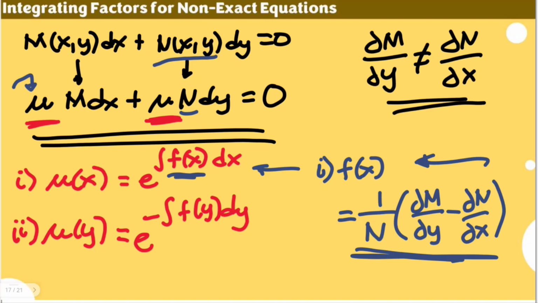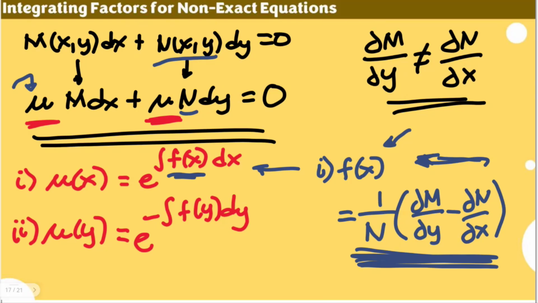The purpose of the integrating factor is to make the non-exact equation exact. Now, if this is not equivalent to a function of x, meaning it is an expression with only x as a variable, what if when you express it this way, it has y?